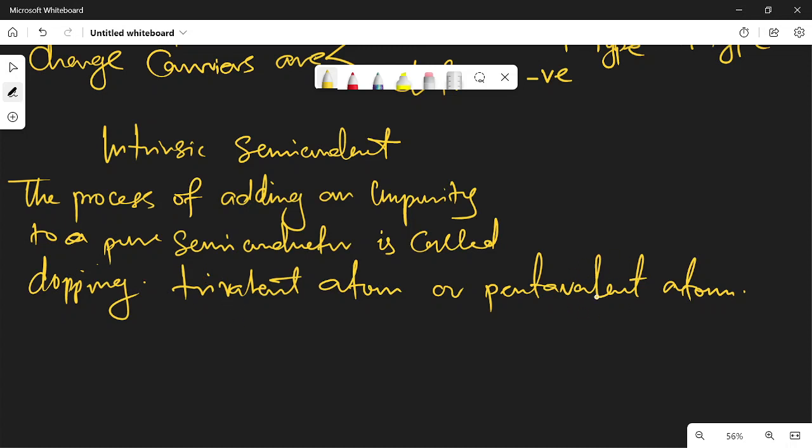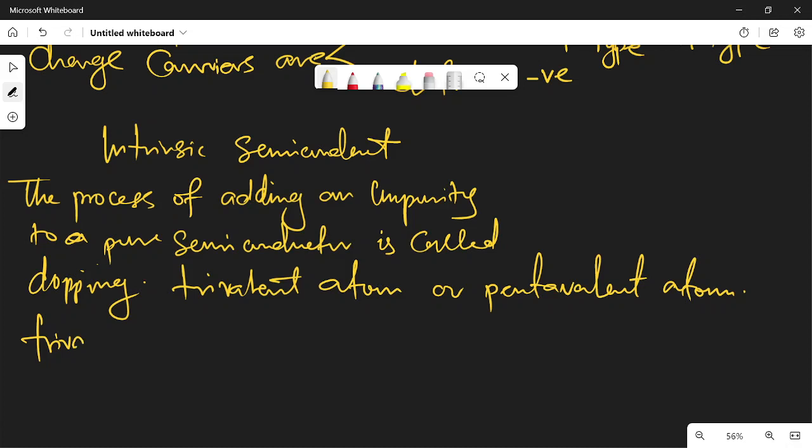When we say pentavalent atom, we are talking about the group 5 element. Are we together now? So who can give us an example of a group 3 element here? Aluminium.